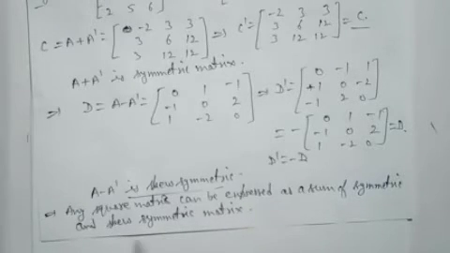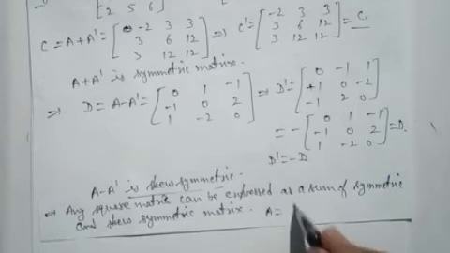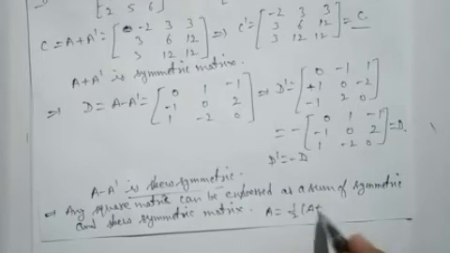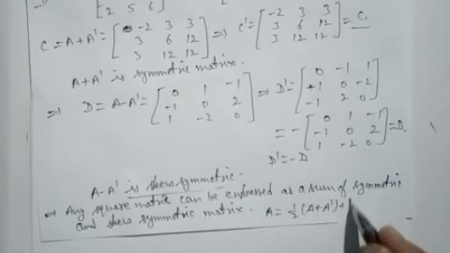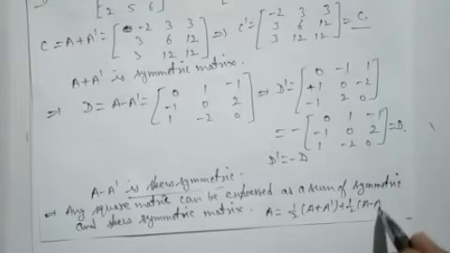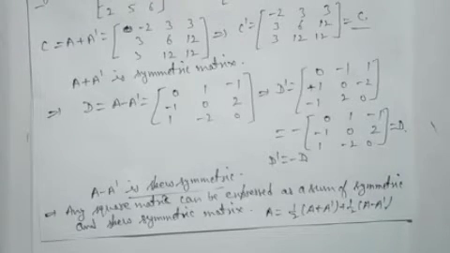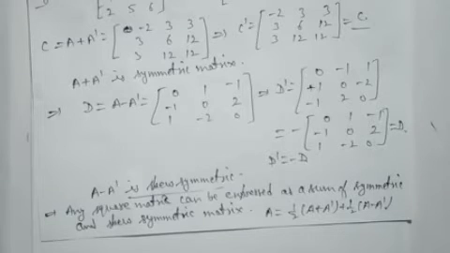Clear. Because we can say that A matrix is written as 1/2 (A plus A transpose) plus 1/2 (A minus A transpose), where A plus A transpose is the symmetric part and A minus A transpose is the skew symmetric part. Clear. Next one is elementary transformation.